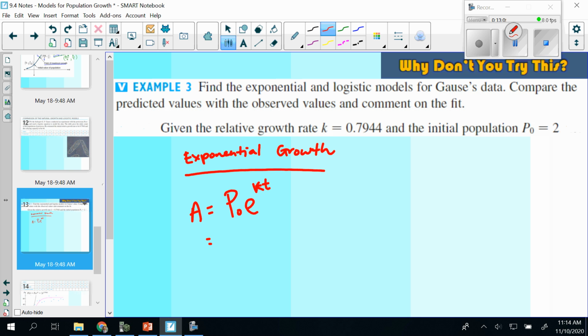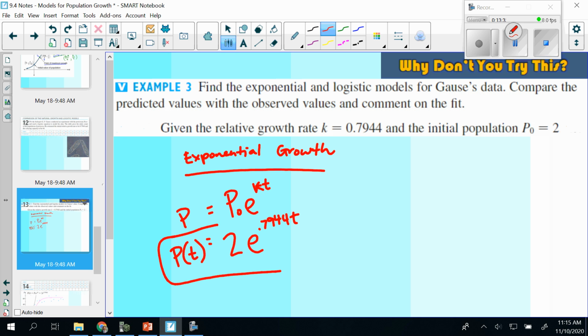So let's fill in what we know. Initial population would be 2. We'd have e to the little k, which is 0.7944 t, and that would equal A, or in this case, looks like we've been using P as a function of time, so P as a function of time here would be this. So that would be our exponential growth equation.